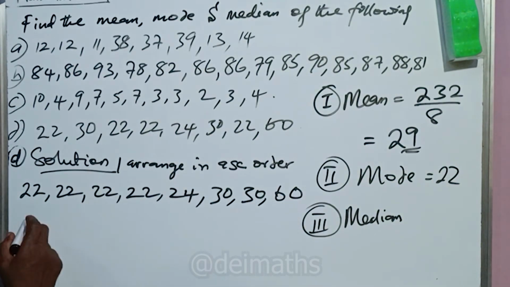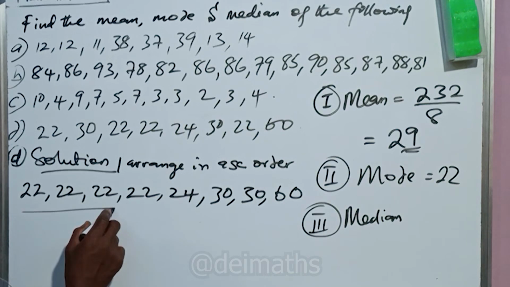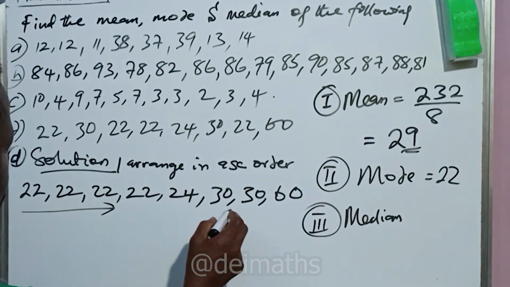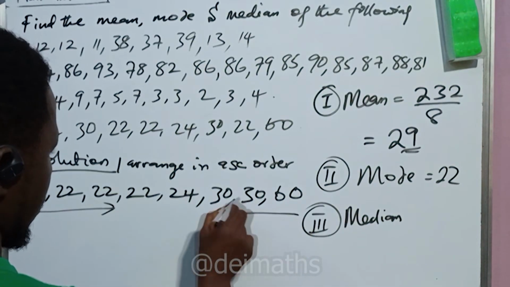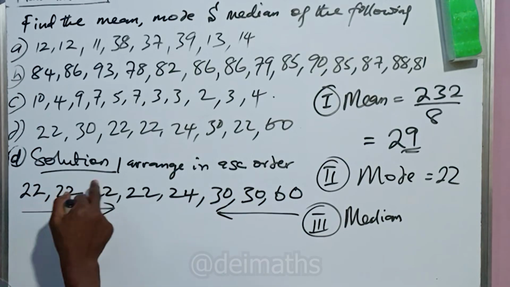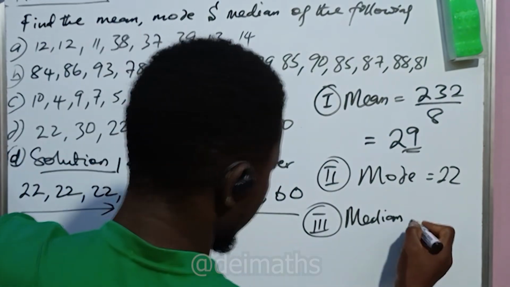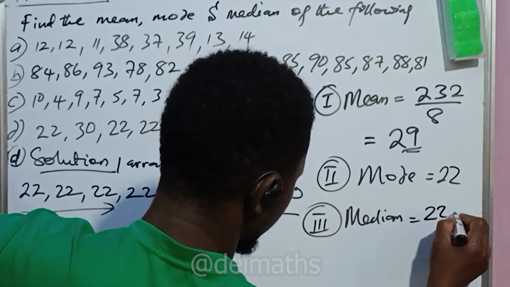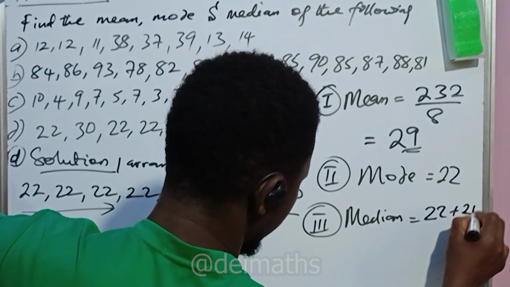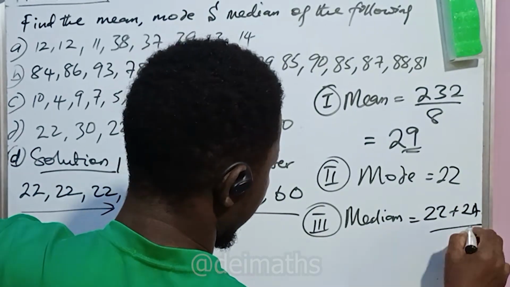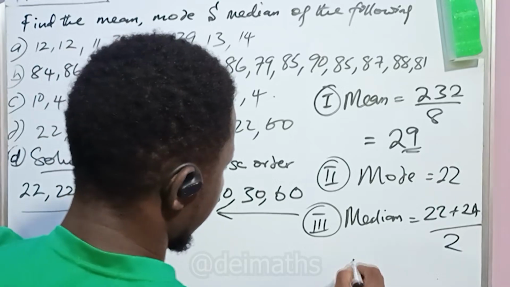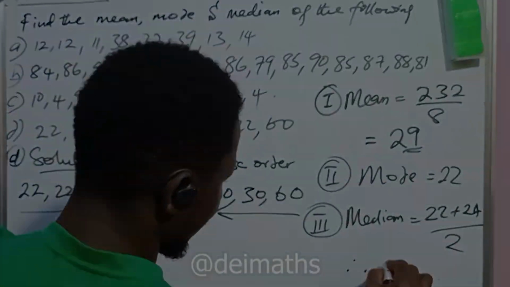The 2 numbers in the middle, we divide by 2. This is 1, 2, 3. Remaining is 22 plus 24, divided by 2. Guess the number, 23.